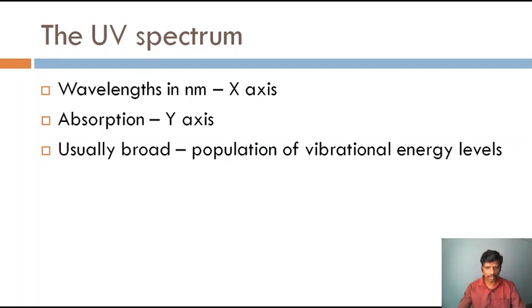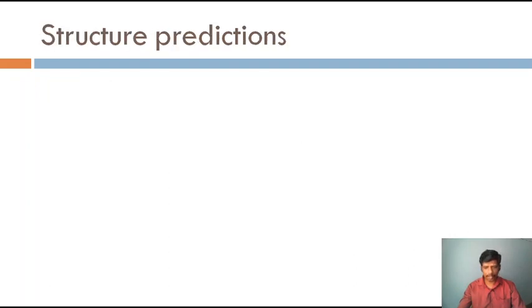That's why we use lambda max. In no other spectra do we have this max value, but in UV we have lambda max, because we are getting a band, and you have to take the maximum as the absorption wavelength.